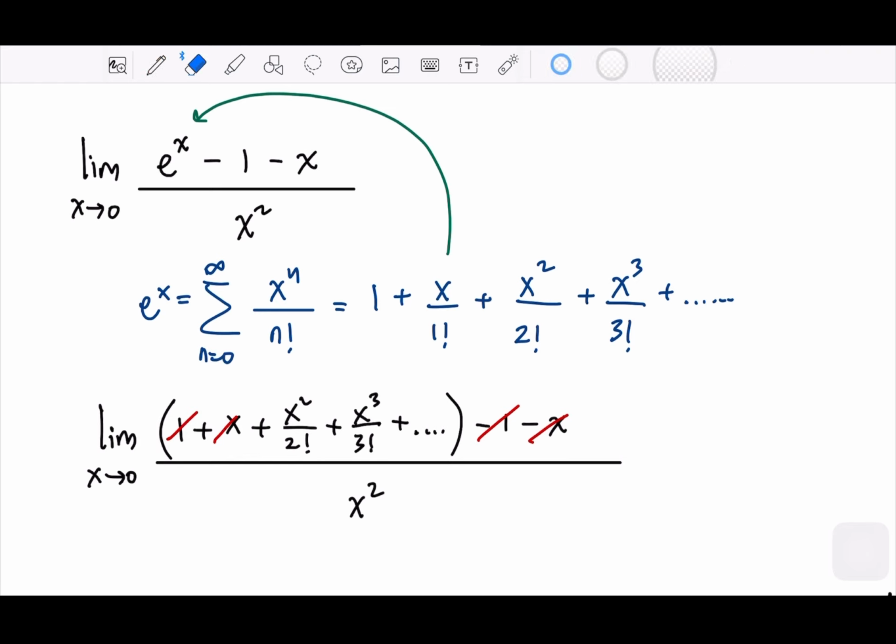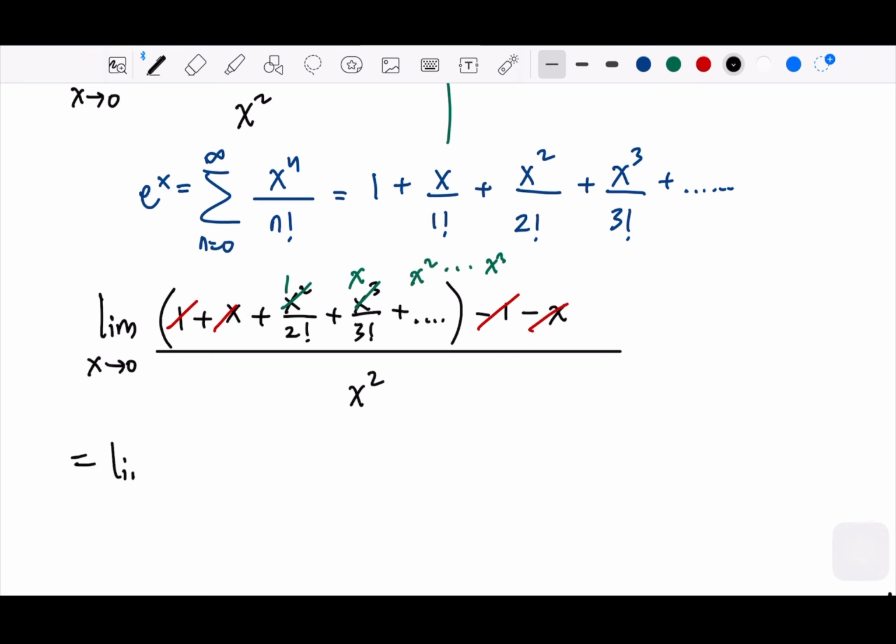Then we divide by x squared, meaning the power of the x components on the numerator is reduced by 2, right? So this will be 1, this will be x, and the other terms will be x squared, x cubed, and so on. So at the end of the day, the limit will be half in front, and you will see that this comes out nicely.